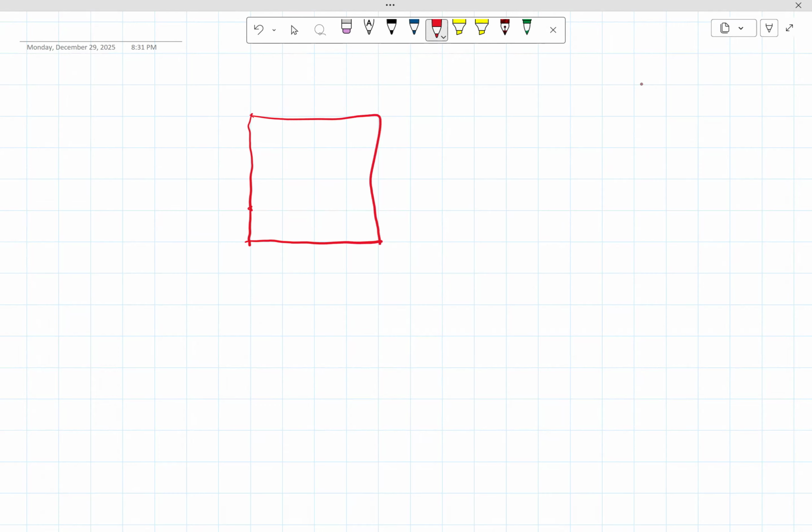When we talk about the symmetry of this square, for instance, if you cut the square in any way that makes sure you have the two sides equal, then you can say those two parts are symmetric. So for instance, if I draw a line like this, you see this part and this part are basically the same thing. On the other hand, what if I draw a line like this?